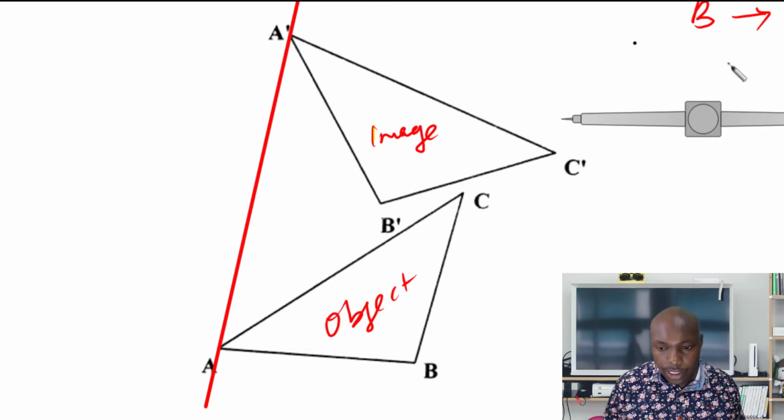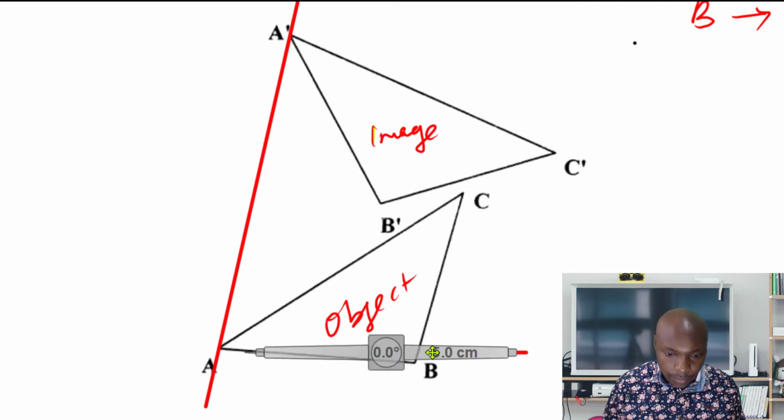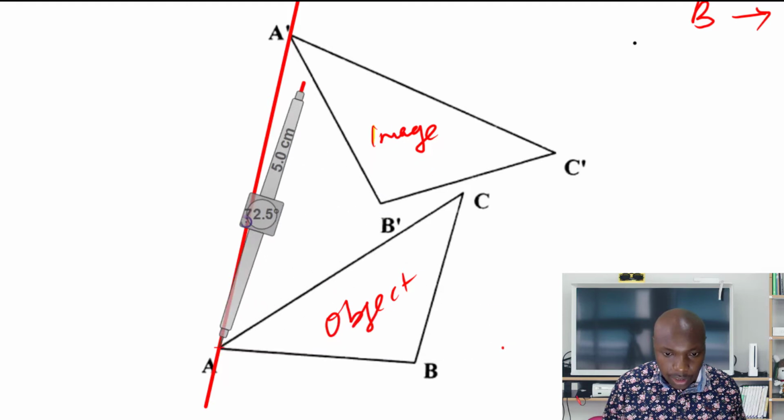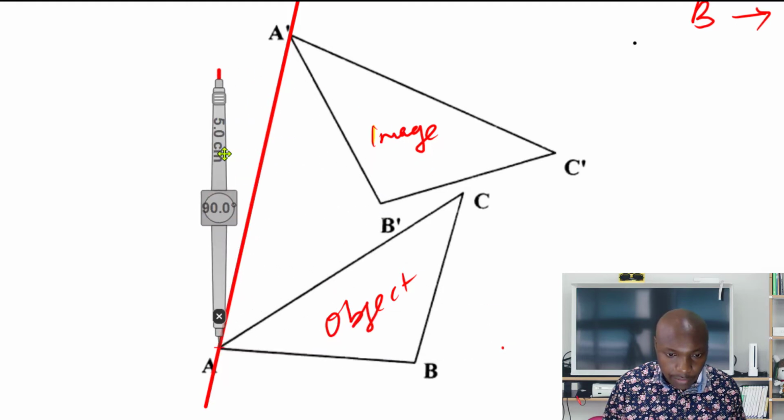So how do you do that? Take your pair of compass. This is how you stand at A. You stand at A, and then ensure that you have opened it more than half of that line. Open it more than half of that line, like that.